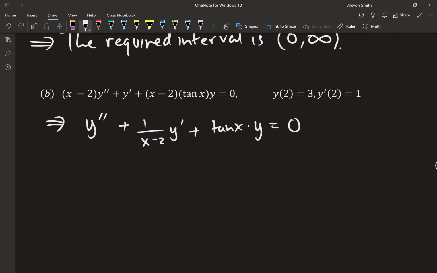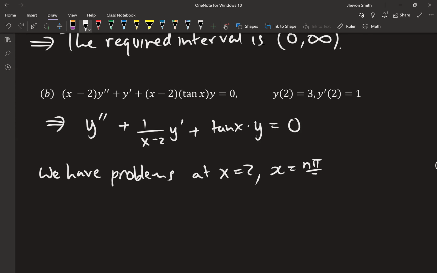Then you realize that we have discontinuities at x equals 2, in addition to all the ones you guys would have found for the tangent, which I know you guys are seeing because it's undefined at odd multiples of pi over 2. So we have problems at x equals 2 and x equals n pi over 2, where n is odd, right?